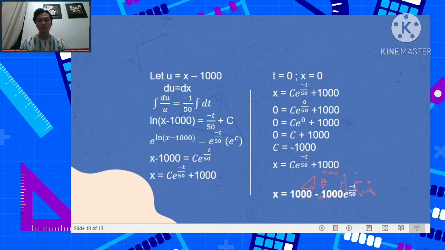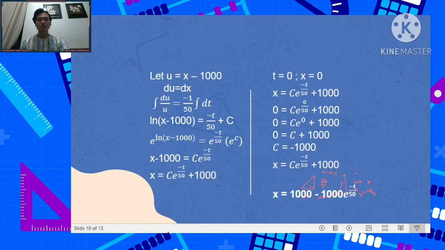So add e. We will have e raised to ln x minus 1000 is equal to e raised to negative t over 50 times e to the power of c. And we will have x minus 1000 is equal to c e raised to negative t over 50.